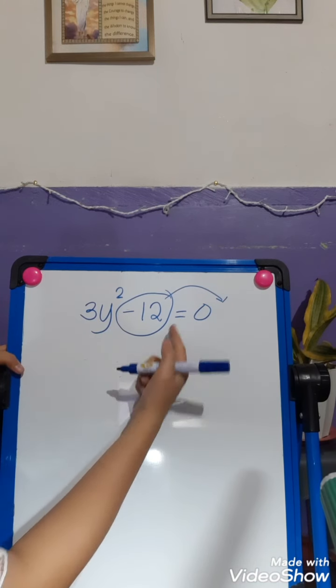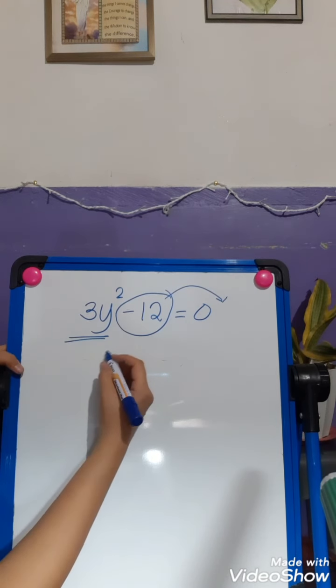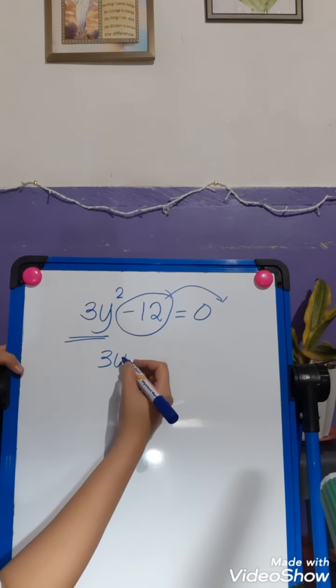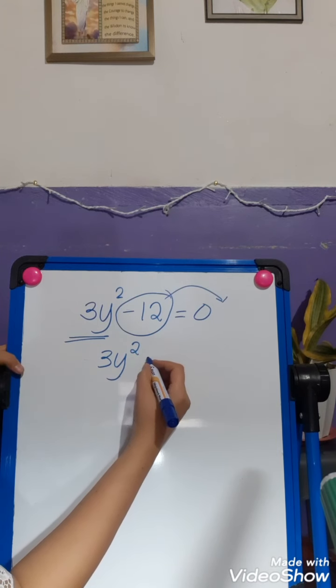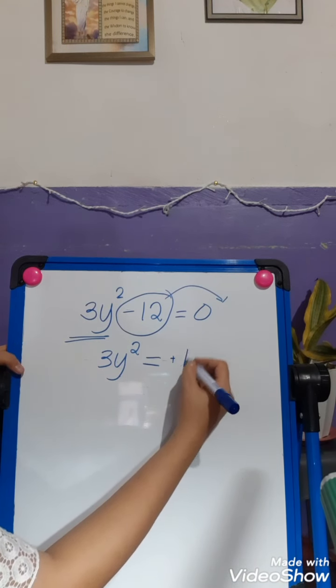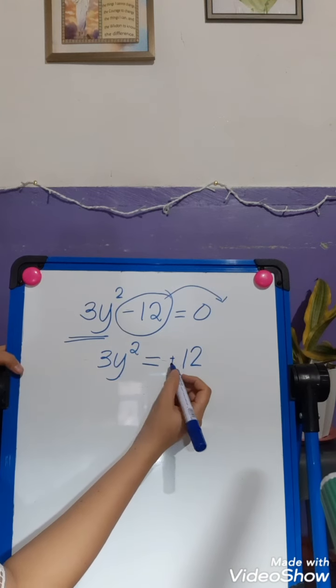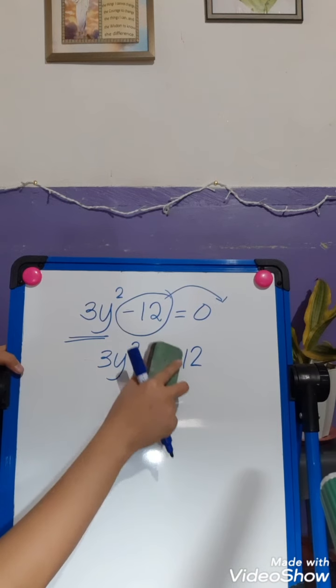So that leaves you with 3y squared on this side. Then draw the tulay, and negative 12 will become positive 12. You may or may not write this positive sign.